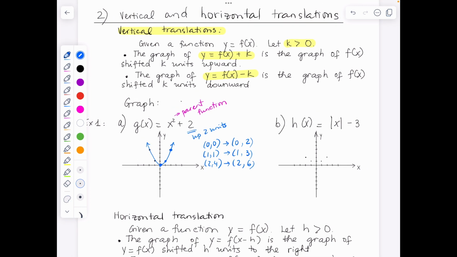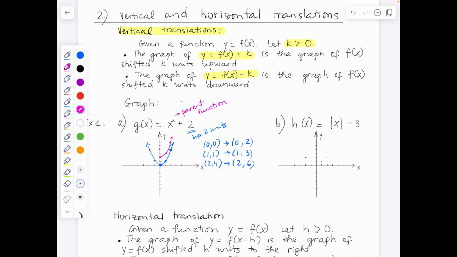So let's plot these new points. We have (0, 2), (1, 3), (2, 6). Of course, you can transform more points if you want. I find that I only need 3 points.